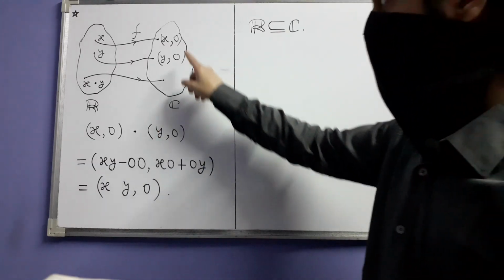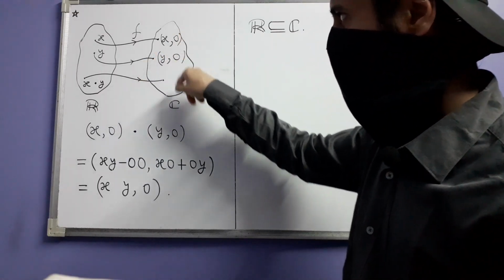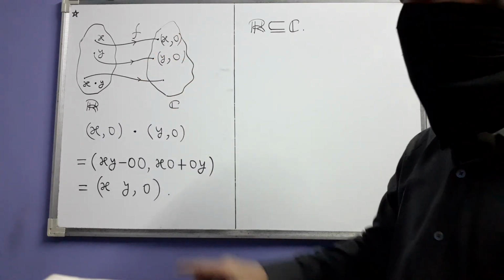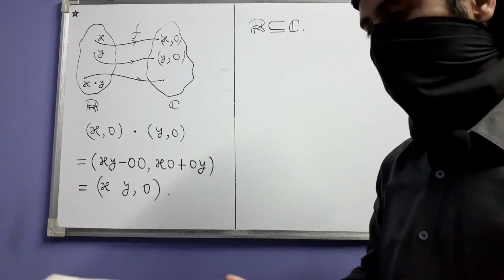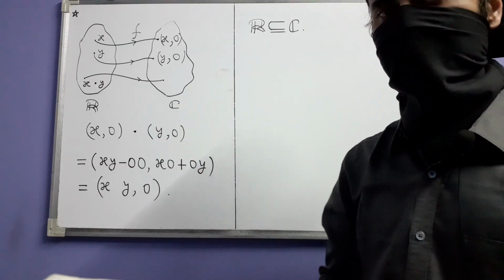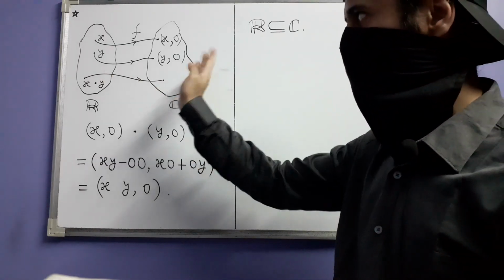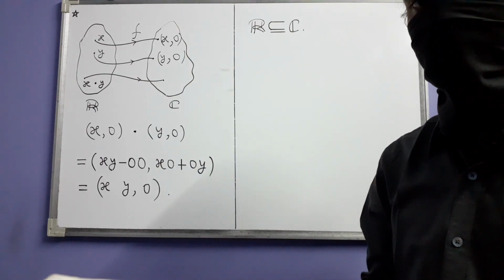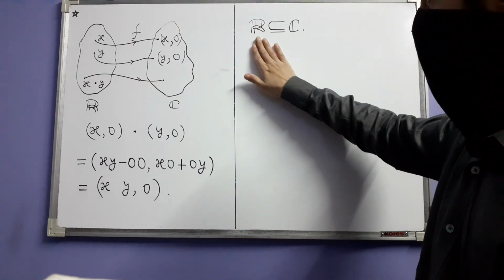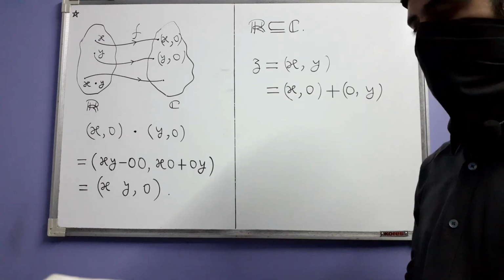But there is a copy of R inside C. That is, a part of C behaves exactly like R, and there is no point distinguishing these two. Okay, so that's how we have to interpret this.